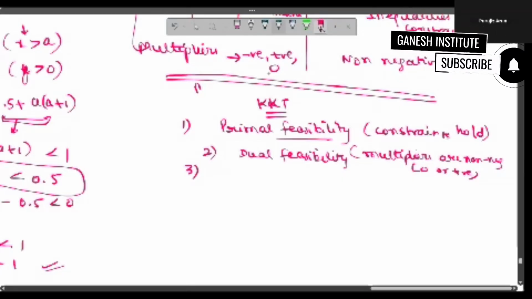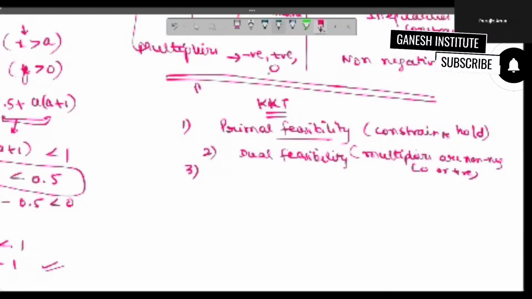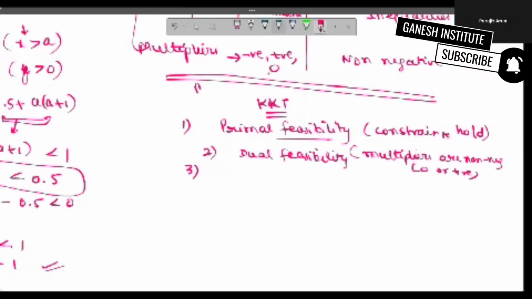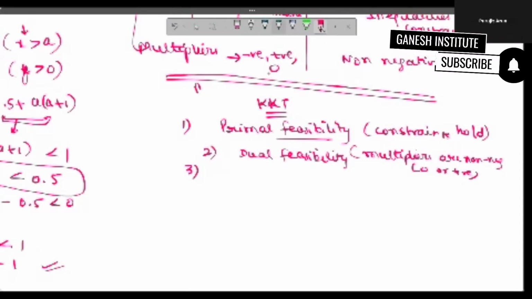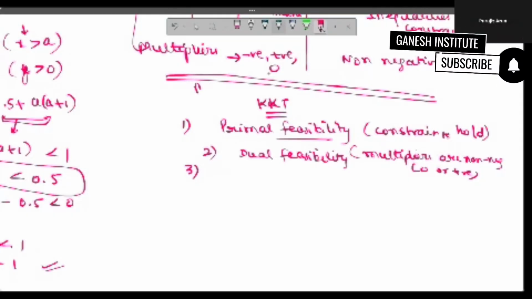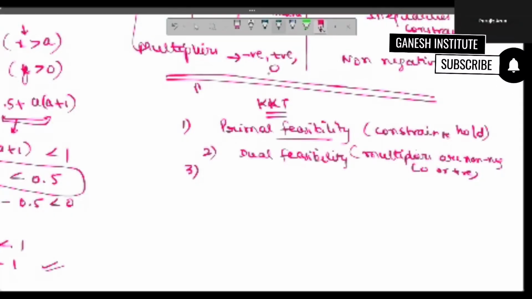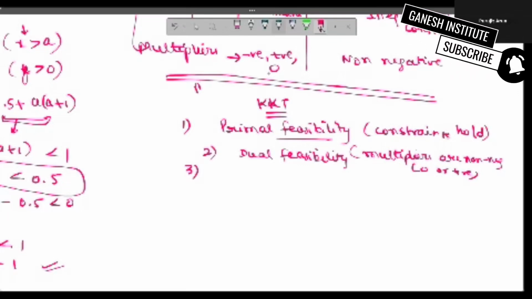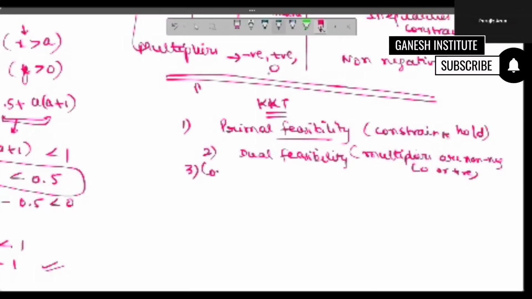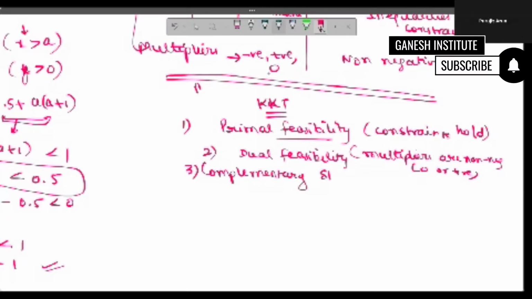Ma'am, so your KKT has one primal feasibility, then you move on to dual feasibility, when the constraints hold as well as your multipliers are non-negative. Yes. That means it is related with another thing which is called complementary slackness.